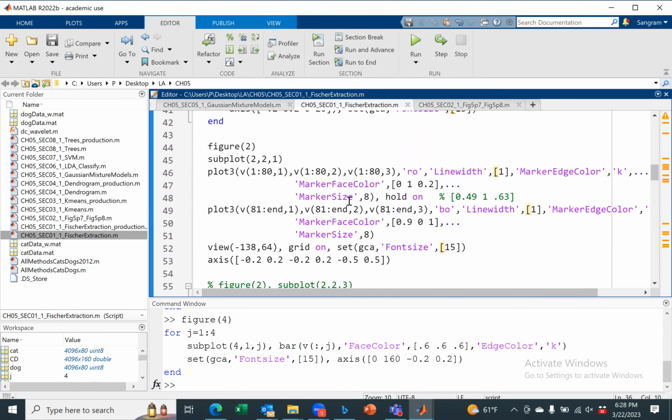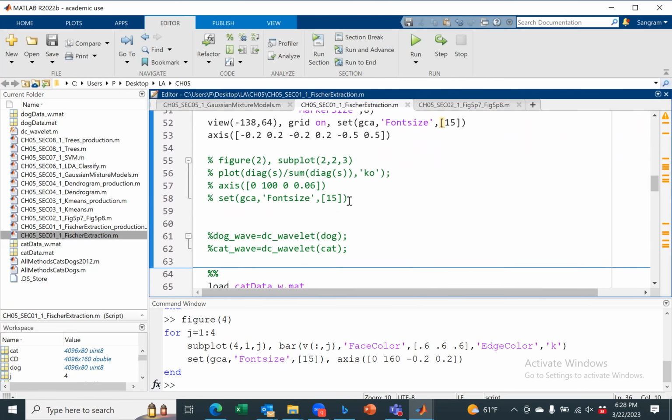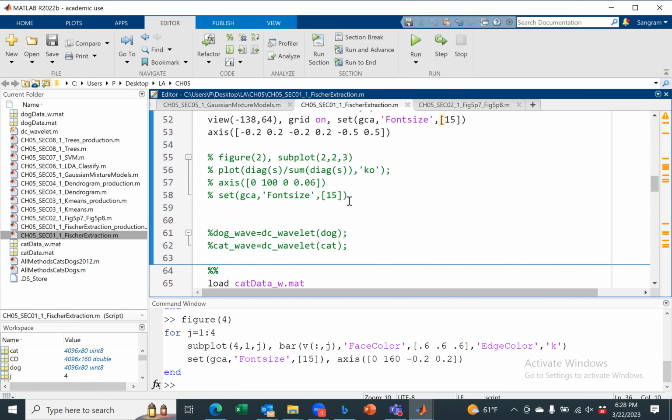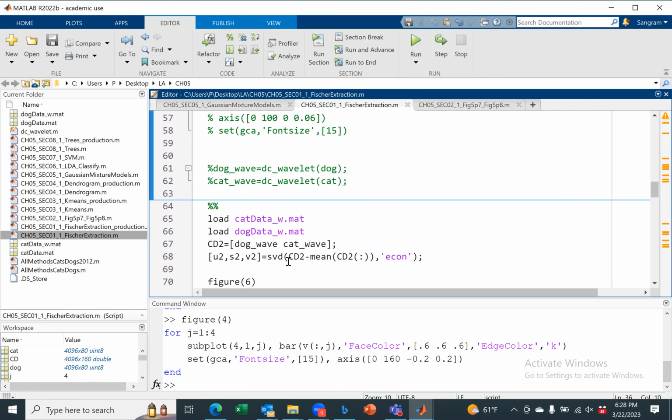Next thing, you are welcome to look at the images that are based on the wavelet transformation. So for an example, you have a dog wave, which is performing the wavelet transformation, and you have a cat wave, which is performing the wavelet transformation on cat data.